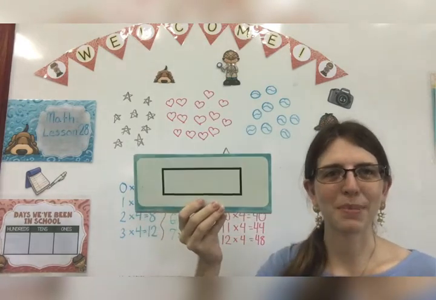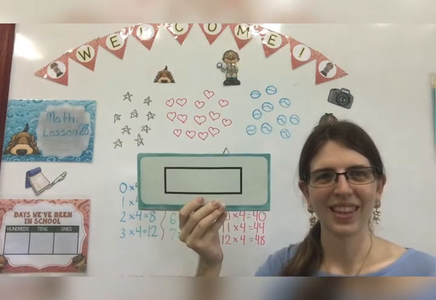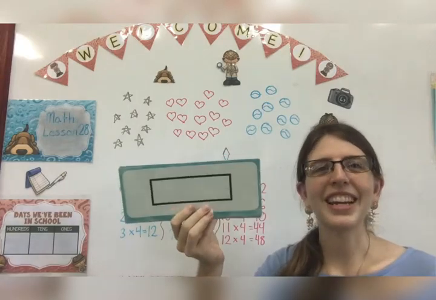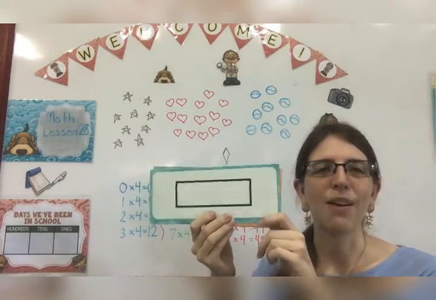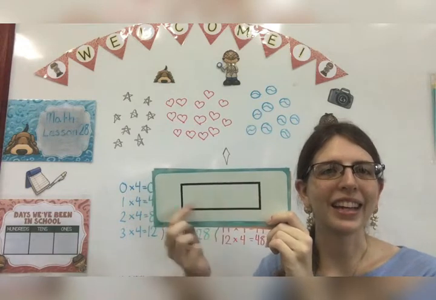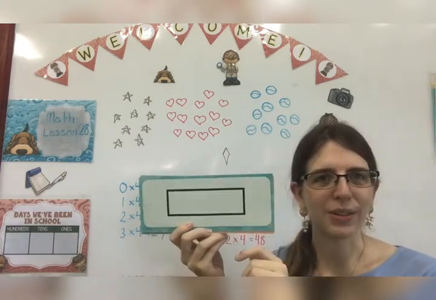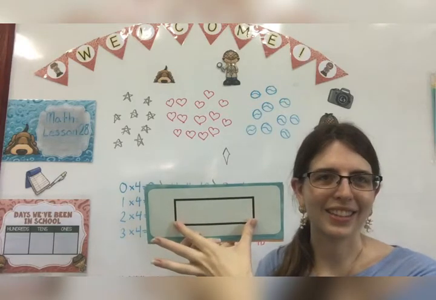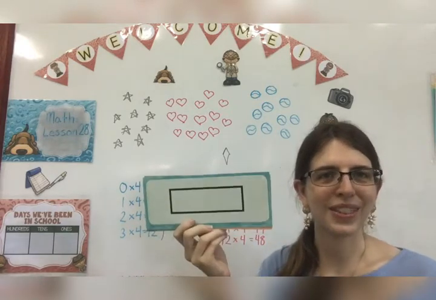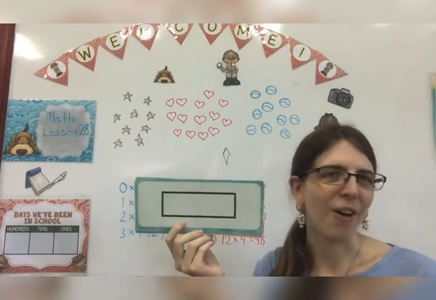What is this shape? Rectangle, very good. In a rectangle, all of the angles are right angles. Two sides are the same, and the other two sides are the same, but not all four.